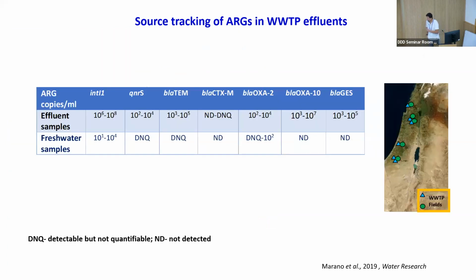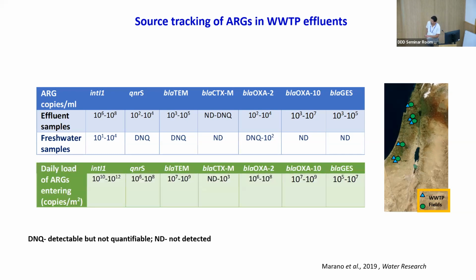I won't go into all of the details, but first of all, when we look at the abundance of these genes in water samples, in copies per ml, we obviously see a lot more abundance in the effluent samples. This is an average of various types of water quality from these wastewater treatment plants, and they're a lot more profuse than the gene levels we see in the freshwater samples.